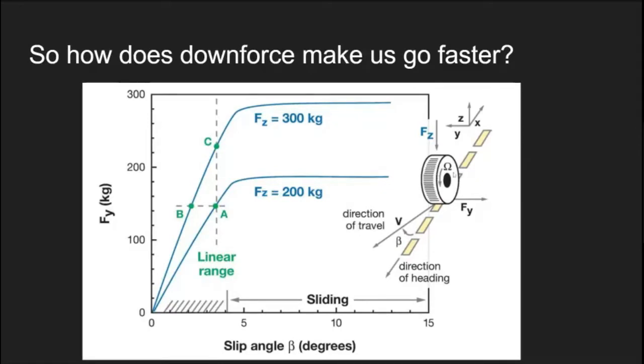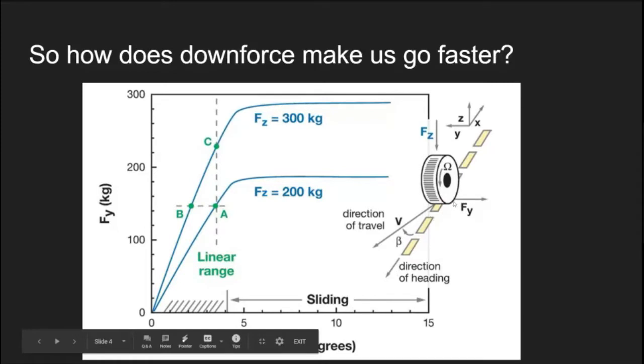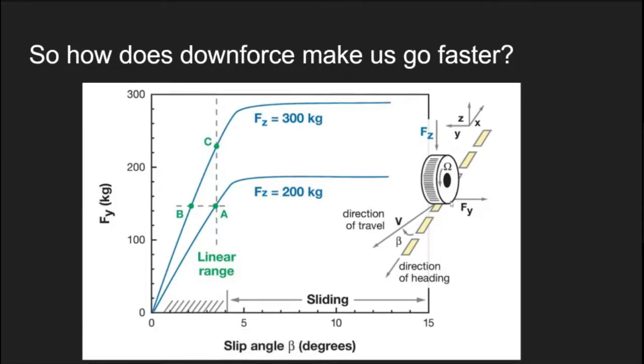You basically have a rolling tire heading in this X direction here, but say you're cornering. So you're going to have a certain slip angle created, and you're also going to have a lateral force on the tire in the Y direction.